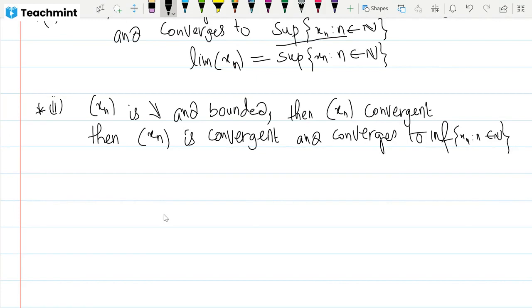If the sequence xn is decreasing and bounded, then xn is convergent. Not only convergent, it converges to the infimum of the range space. So if it is convergent, it has a limit.